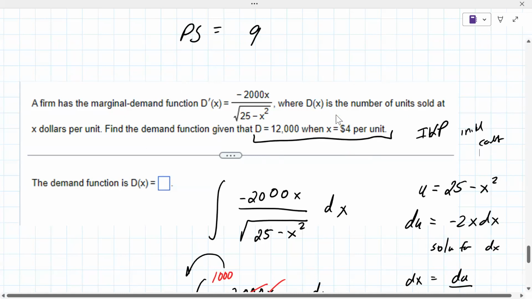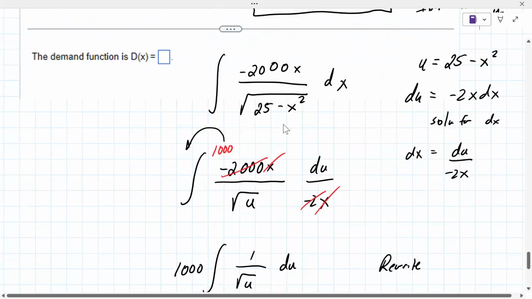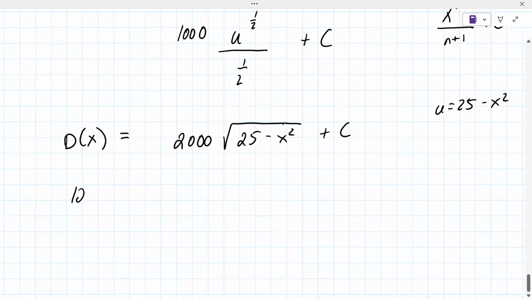Sometimes you have to make sure the demand is not in thousands or something else. So this one is literally 12,000 equals 2,000 square root of 25 minus 4 squared, because x is 4. 4 squared is 16, 25 minus 16 is 9, square root of 9 is 3.